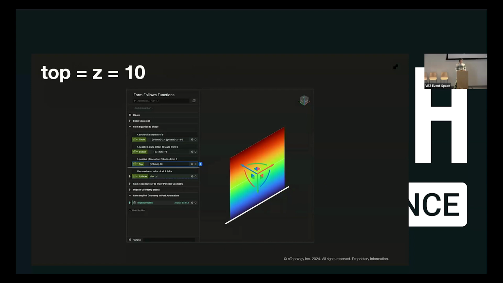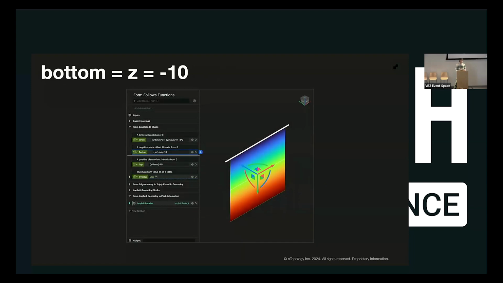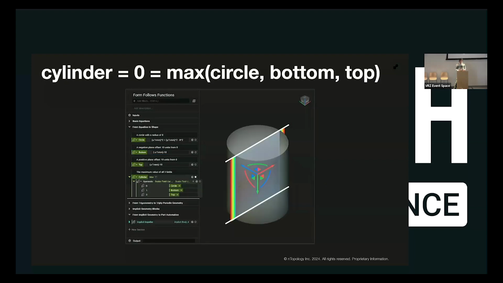The top of, let's say, a cylinder that I'm about to model is z equals 10, bottom is z equals negative 10. And by combining these functions with maximum, there you have a cylinder. So instead of saying, take a circle, make it a planar surface, extrude it, now you have all this topology, really what you're saying is, I have a cylinder function. Each thing is an object or a function that can be stacked into the next.